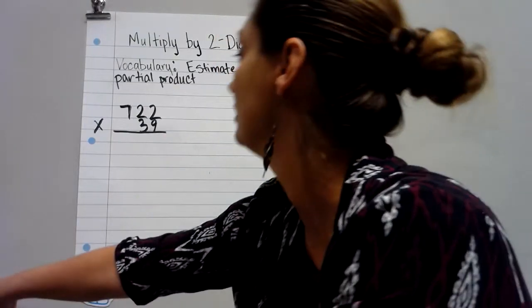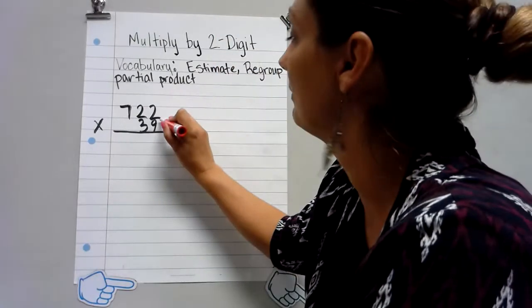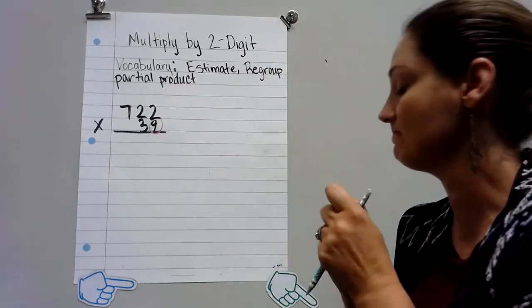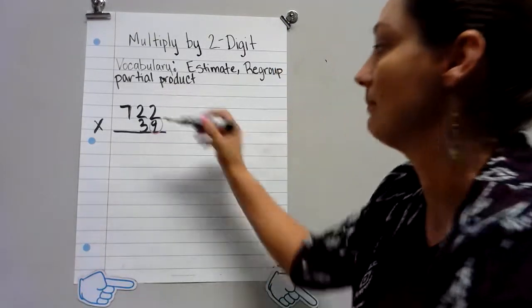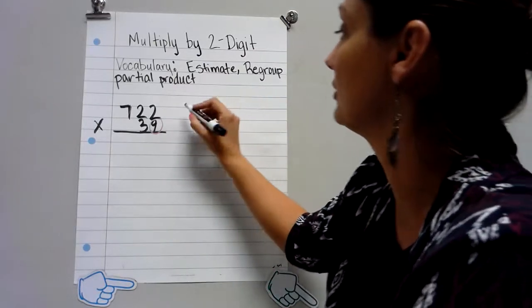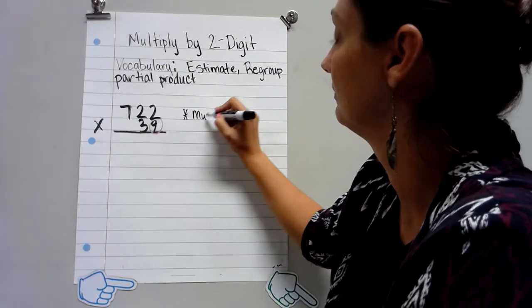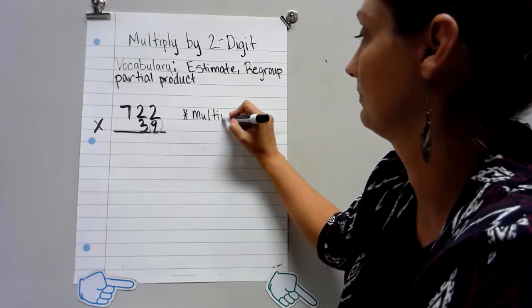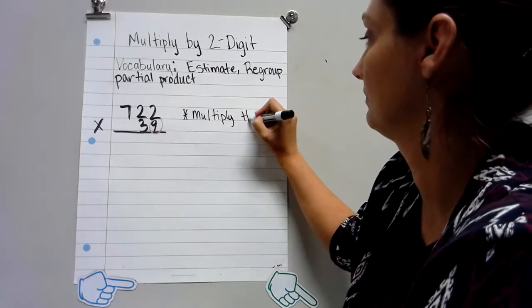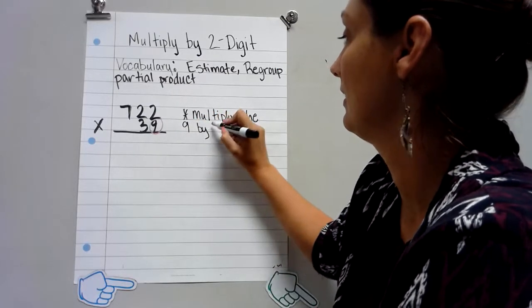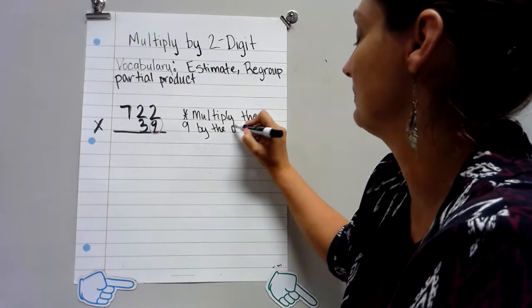I'm going to multiply this 9 by the 722. Okay, so to do that, I'm multiplying the 9 by the 1s first. So I'll multiply the 9 by the 1s place.